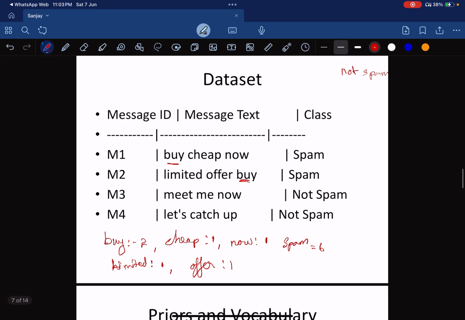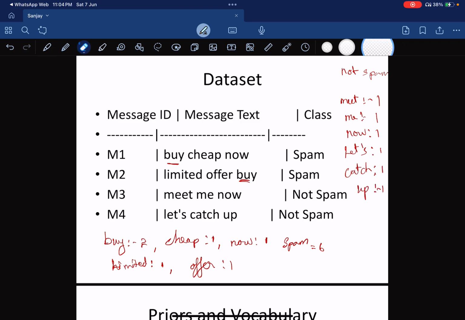"Meet" occurs one time, and "me" occurs one time. "Now" also occurs one time. "Let's" occurs one time, "catch" also one time, and "up" also one time. Here too, the number of words in the not spam class is 6.